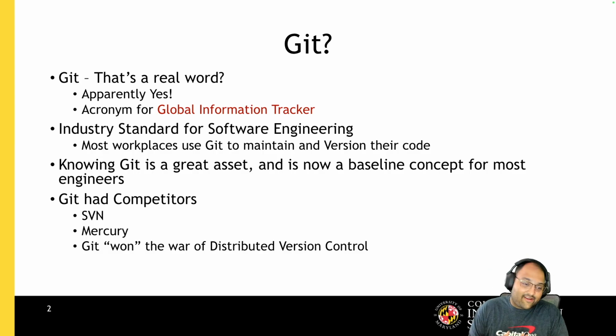At one of my first internships, at a government contractor, we actually had SVN, and let me tell you, it was not fun to use. It was much more confusing than Git. But it's very clear why Git won. Git was very good in general, but it had many competitors. Some of you might have heard of TortoiseSVN and Mercurial.